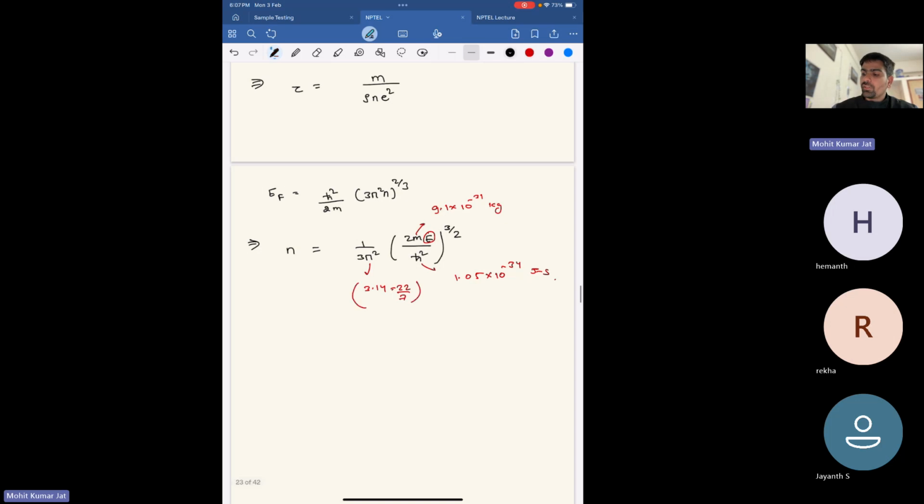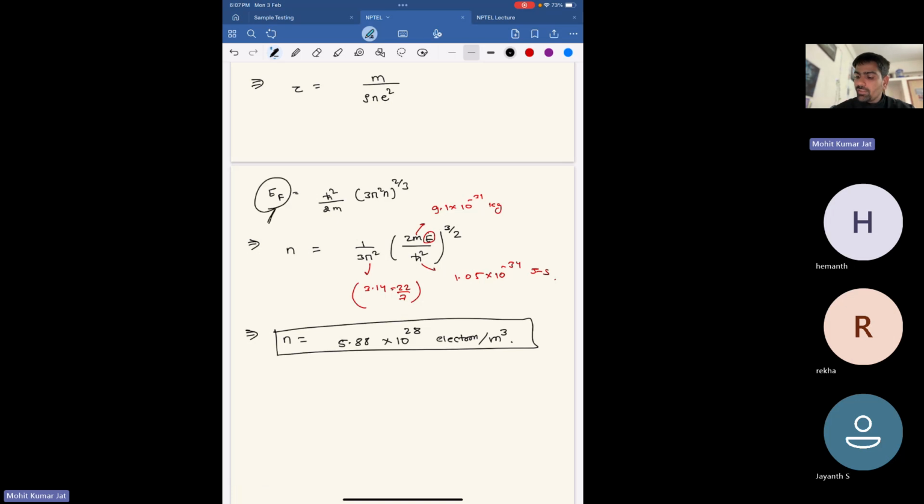If you feed this information, your n, the carrier density, you can work it out, it's easy, and n will turn out to be some 5.88 times 10 power 28 electrons per meter cube. So this is roughly the carrier density of the charge carriers in silver. This is the number which has been computed using the given Fermi energy.